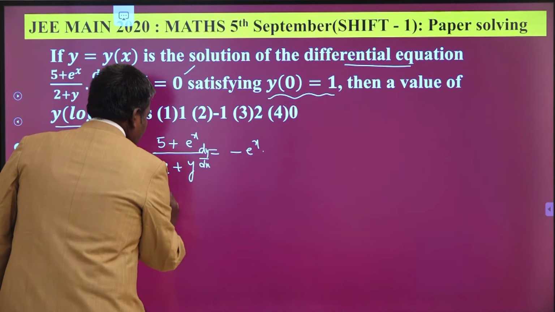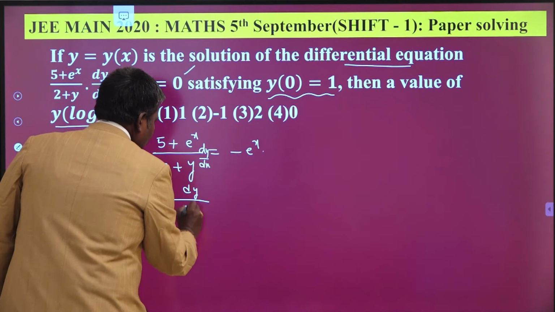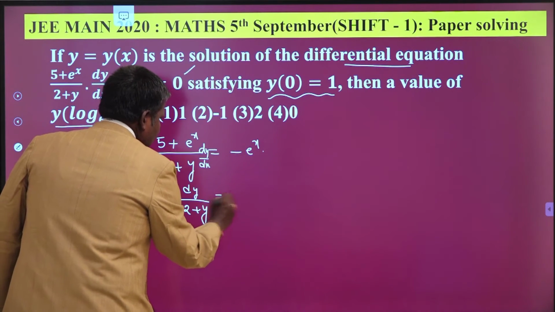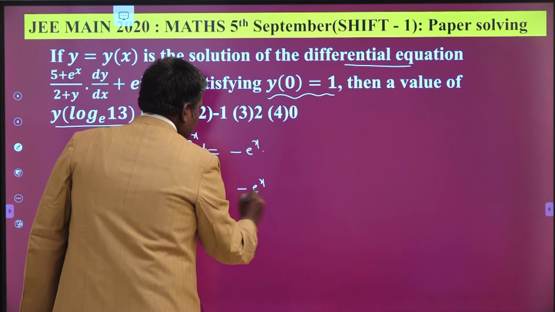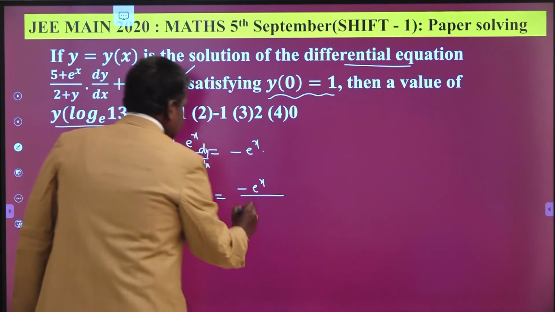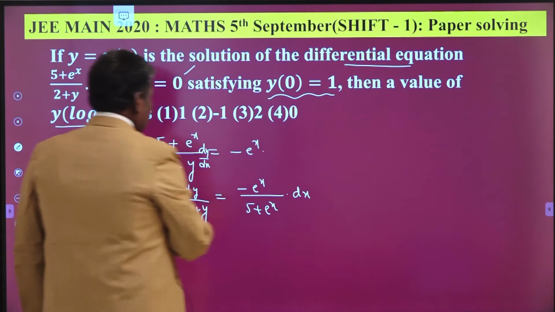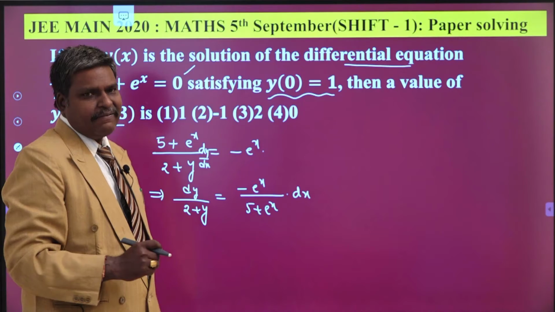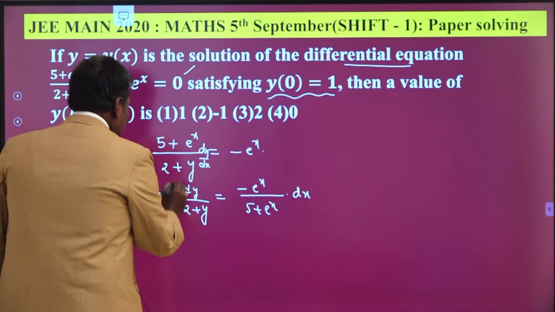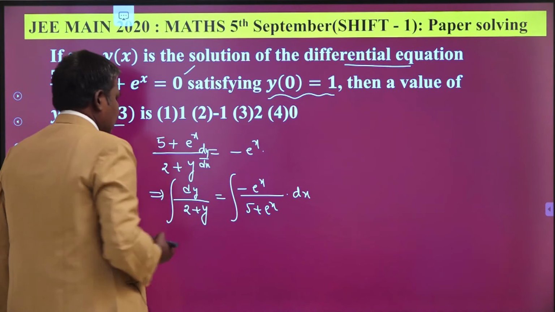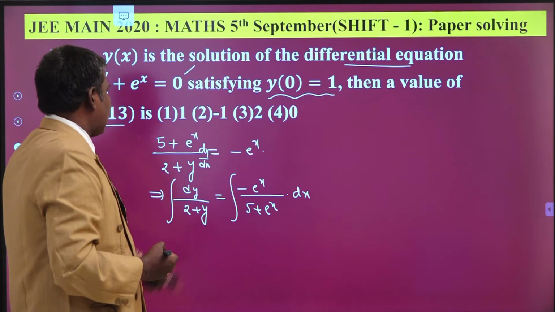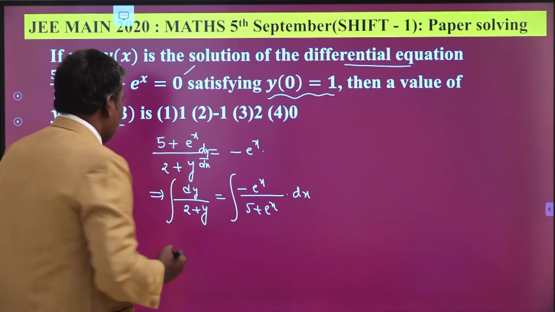We get dy by 2 plus y is equal to minus e power x by 5 plus e power x dx. This is the way to separate the variables. Taking integration on both sides, we get like this. What is the integral of dy by 2 plus y? Log mod 2 plus y.